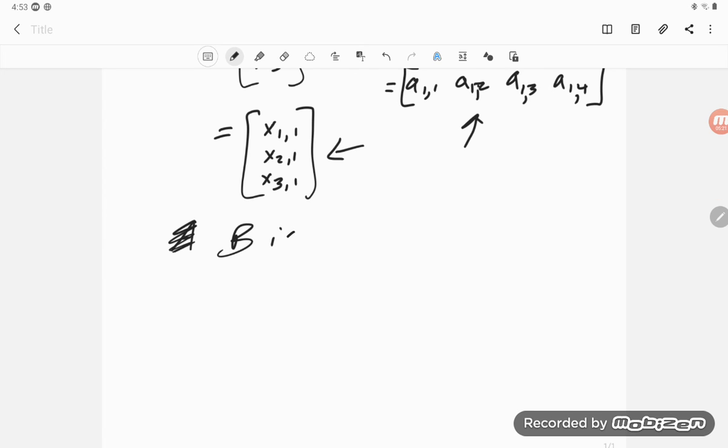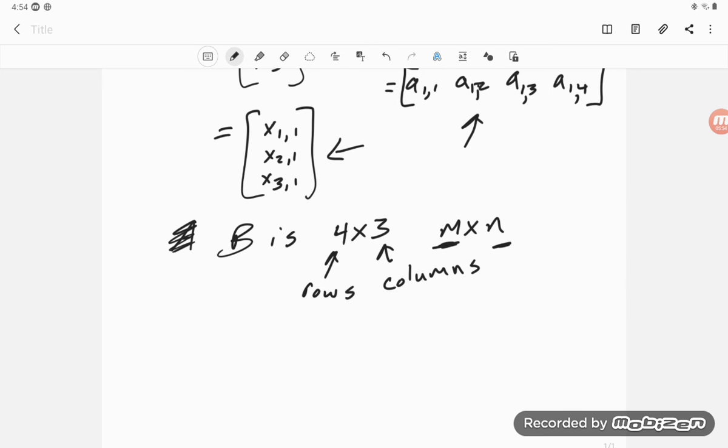If B is, say, 4 by 3, then that first number should be rows and that second number should be columns. So we tend to say M by N. Again, we tend to use M as our naming index for the number of rows, and we tend to use N for the naming index for the number of columns. Okay, so I think that takes care of our notation.